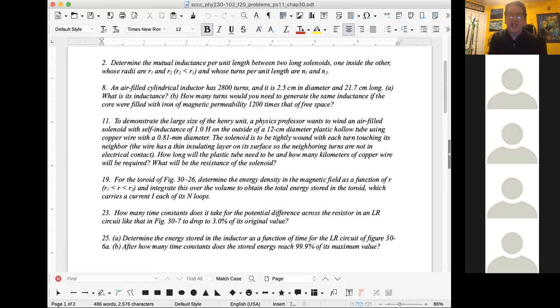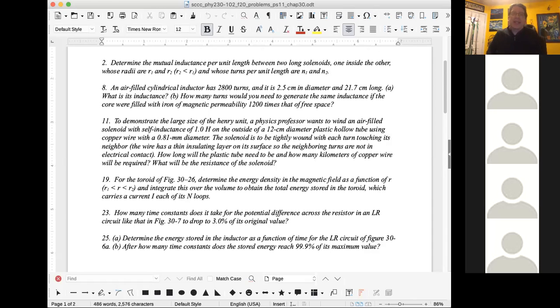That'll tell you how much copper wire you'll need. And then you're asked, what is the resistance of the solenoid? So you'll need the resistivity of copper. You'll need to go back to, I think it's chapter 26. No, 25 is the resistivity of copper. And then multiply that by the length and divide by the cross-sectional area. So that's the cross-sectional area of the wire.